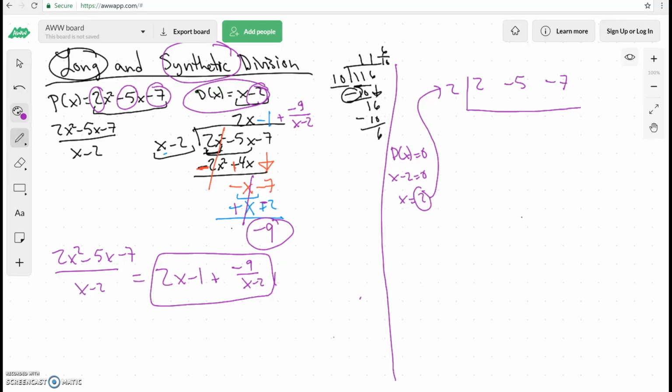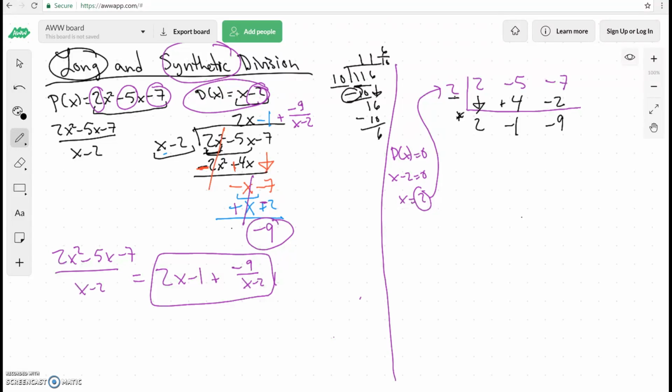The way that this is going to work, we first bring down this 2. Then we multiply it by this number. So 2 times 2 is going to give me 4. Then I add this together. Negative 5 plus 4 gives me negative 1. Negative 1 times 2 gives me negative 2. Negative 7 plus negative 2 gives me negative 9.